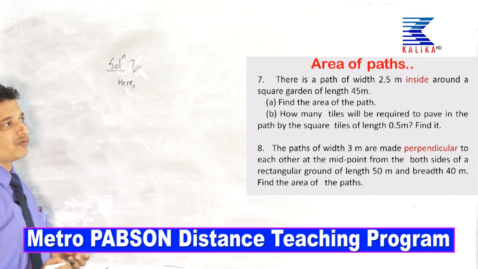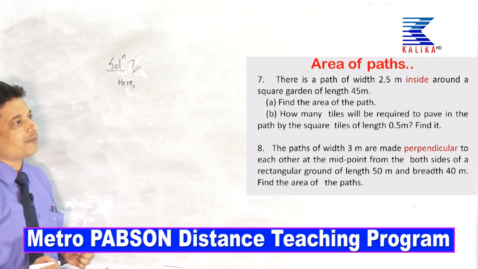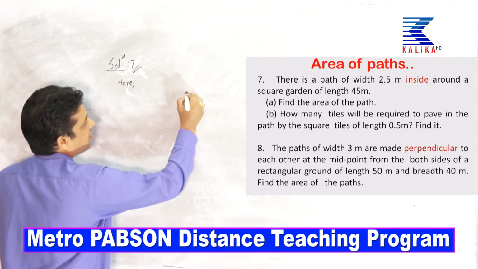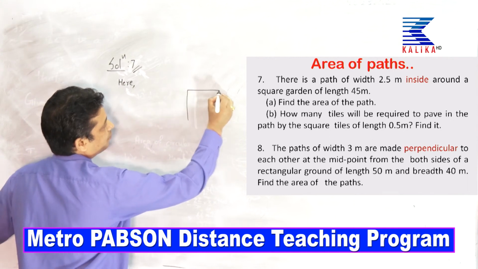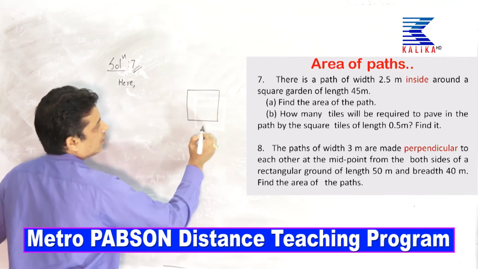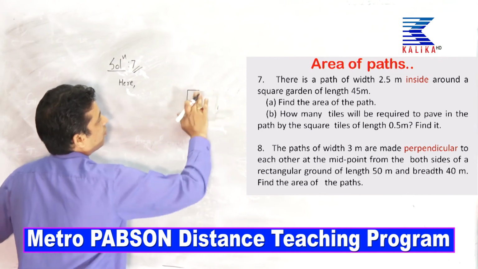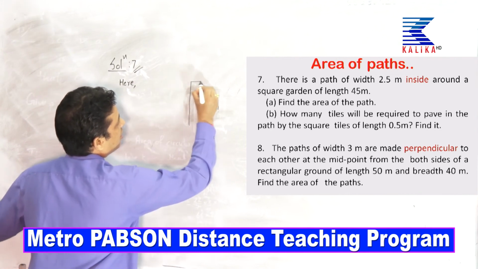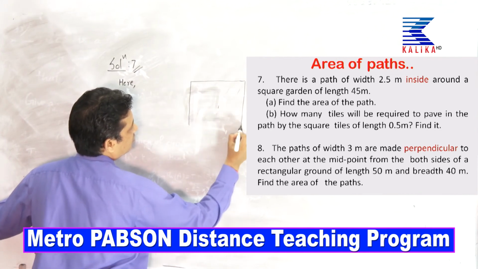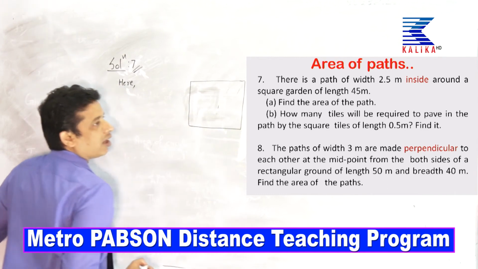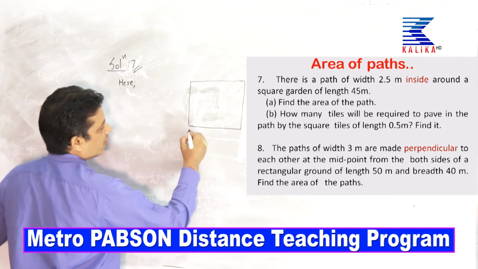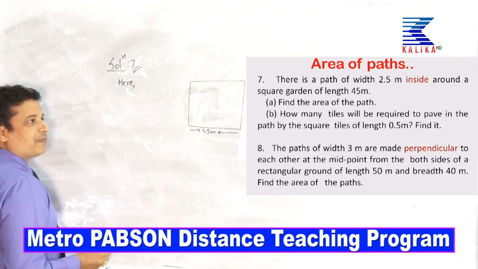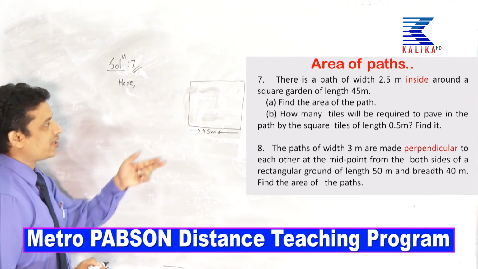There is a path of width 2.5 meter inside a square garden of length 45 meter. So, this case is of a square garden, dear student. Let me make a little bigger picture, please. This is a square garden, and you can see its length is 45 meter, and there is a path of width 2.5 meter, as you see there.